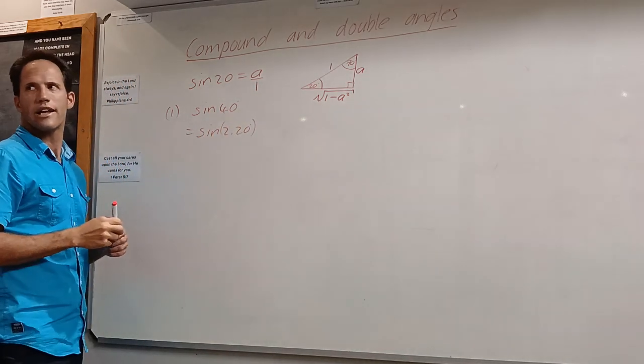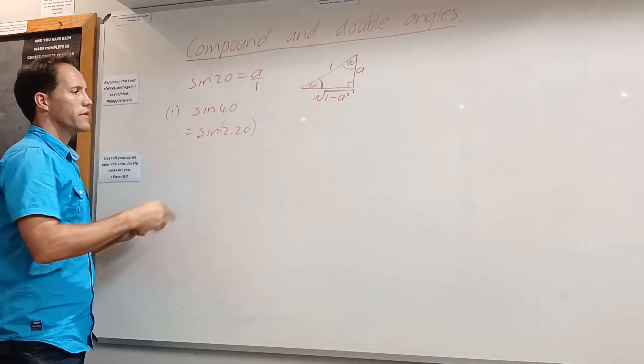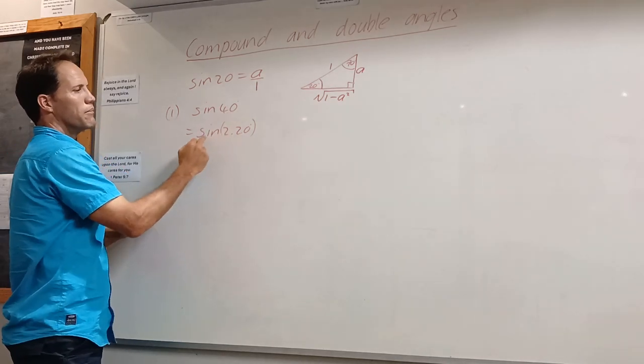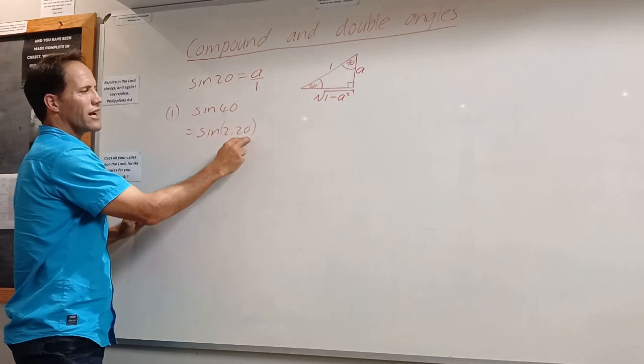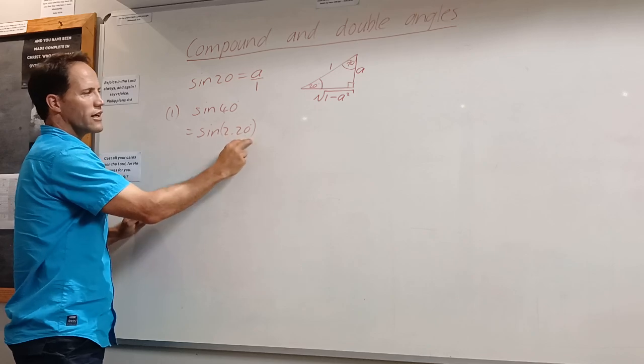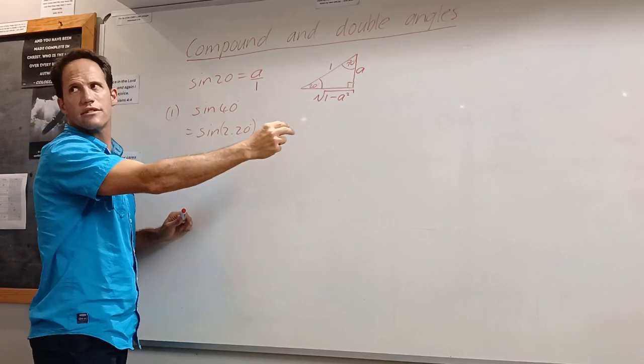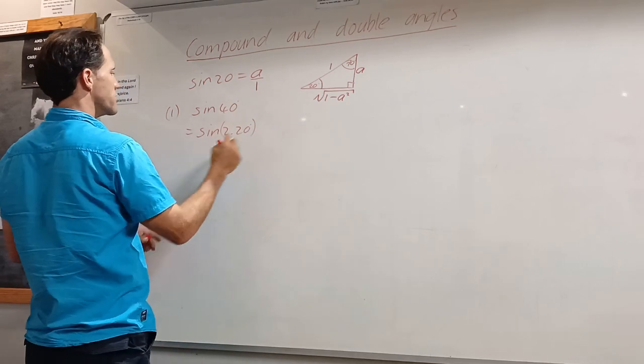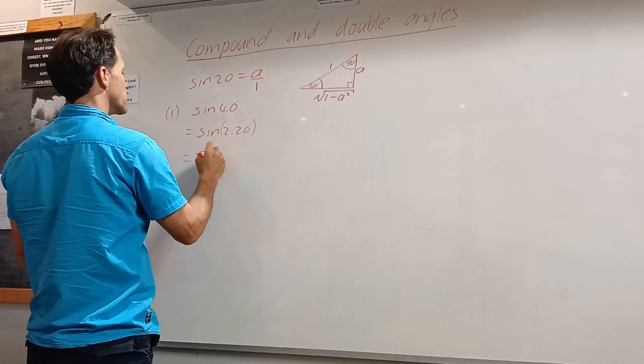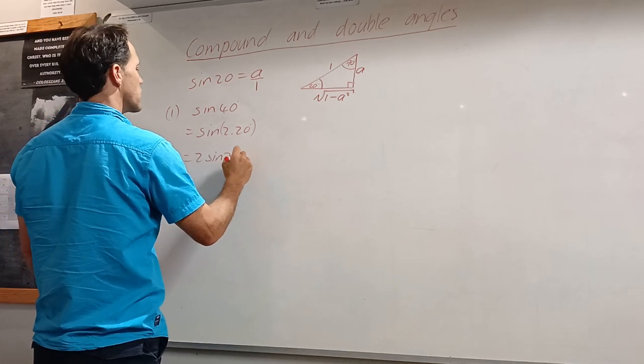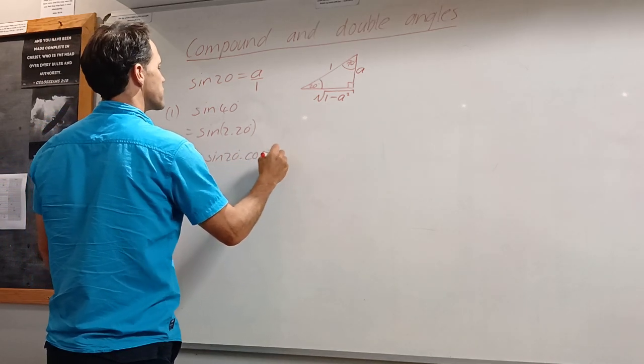So I can change it to a double angle. 2 times 20 is still 40. But if I think of sine 2x, sine 2x is 2 sine x cos x. So I can change this one now to 2 sine x cos x.